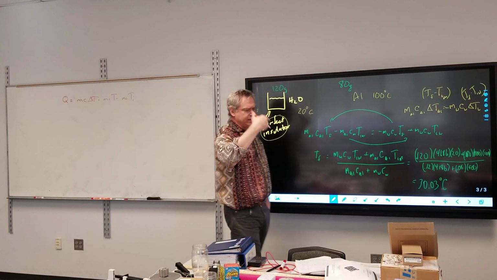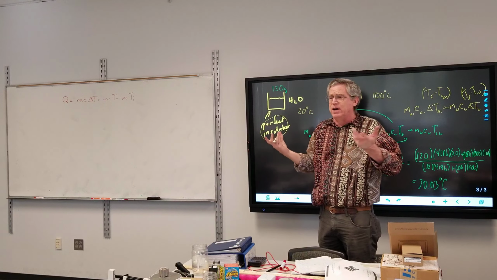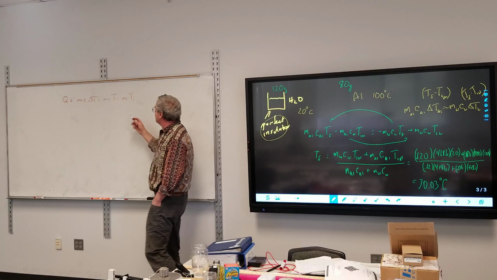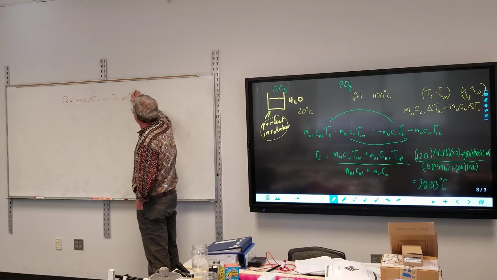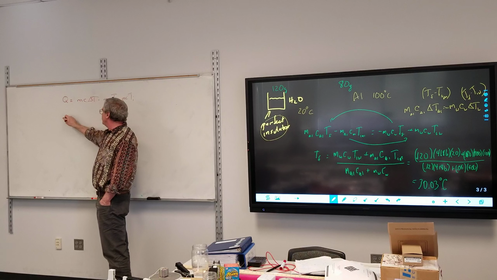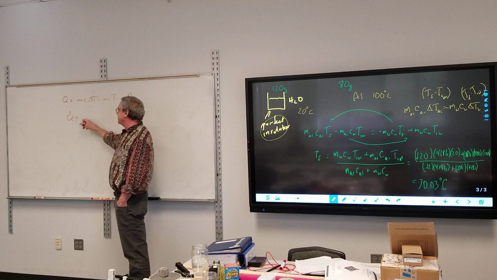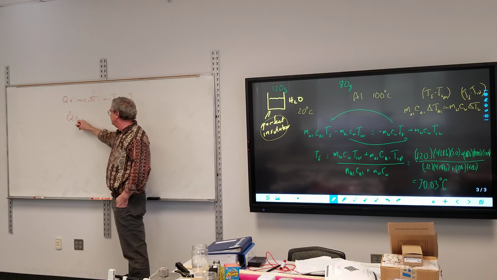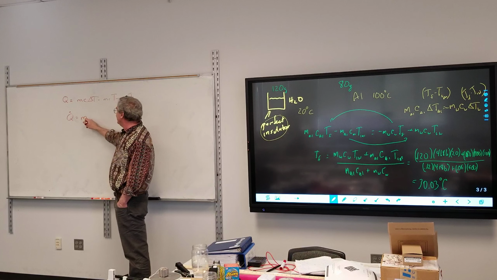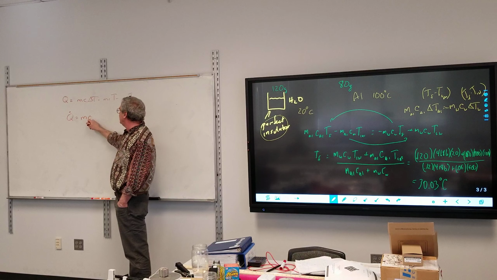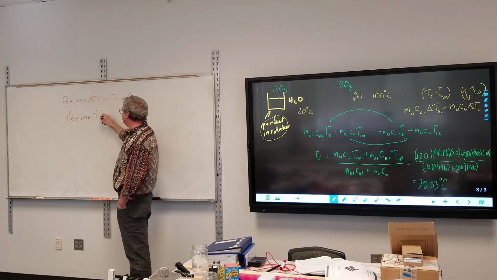I know that MC times my initial temperature is just some constant for this particular situation. So if I take the derivative with respect to time, Q dot is equal to, well, the mass of the probe isn't changing noticeably. Specific heat should not be changing. Temperature is. And that's just a constant, so plus 0.